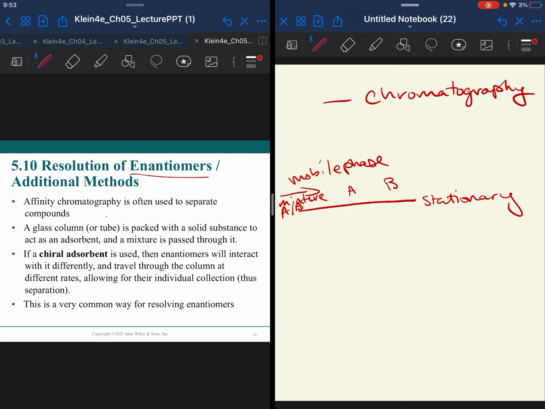And by the time they both leave that column or that chromatography paper, or this is even utilized in different gel separations in biology and biochem. By the time they move across that chromatograph, across through that experiment, one will come out first and the other will come out second.